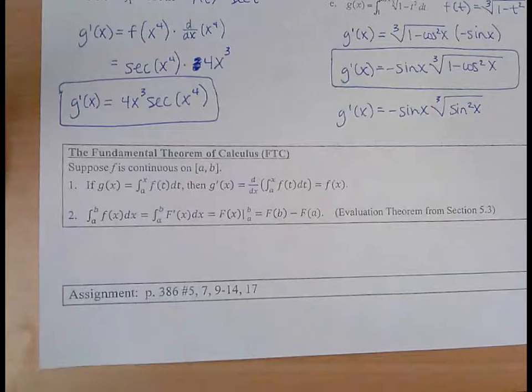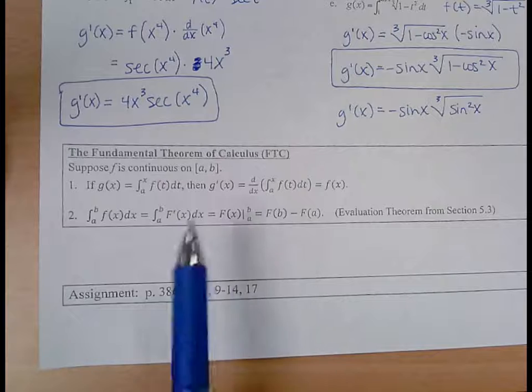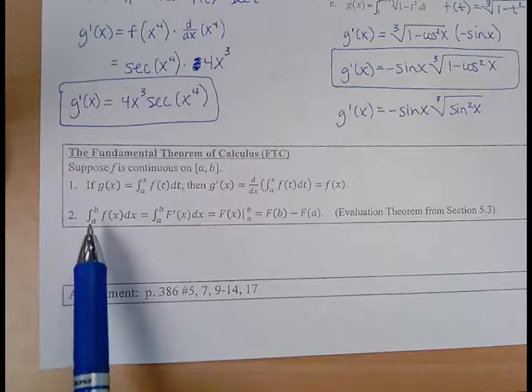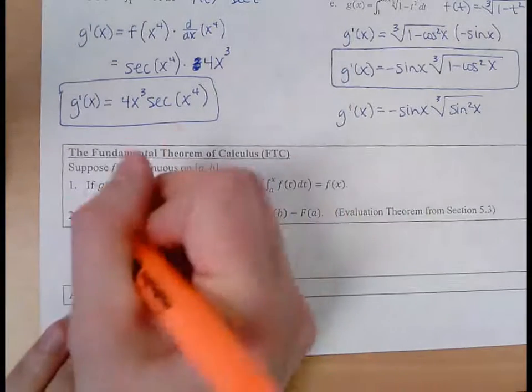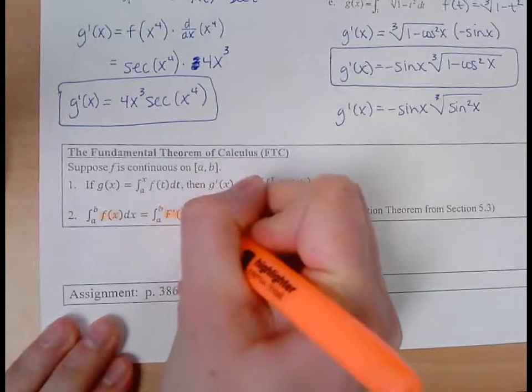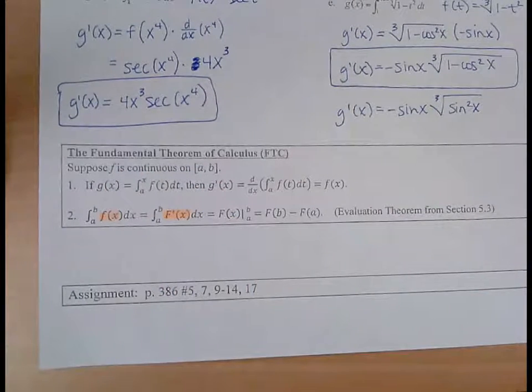The second part we talked about in 5.3, that says if you take the integral of a derivative, it cancels out and you just get the original function. So if we had the integral from a to b of f of x dx, I could rewrite little f of x as equal to capital F prime of x, since capital F is the antiderivative.